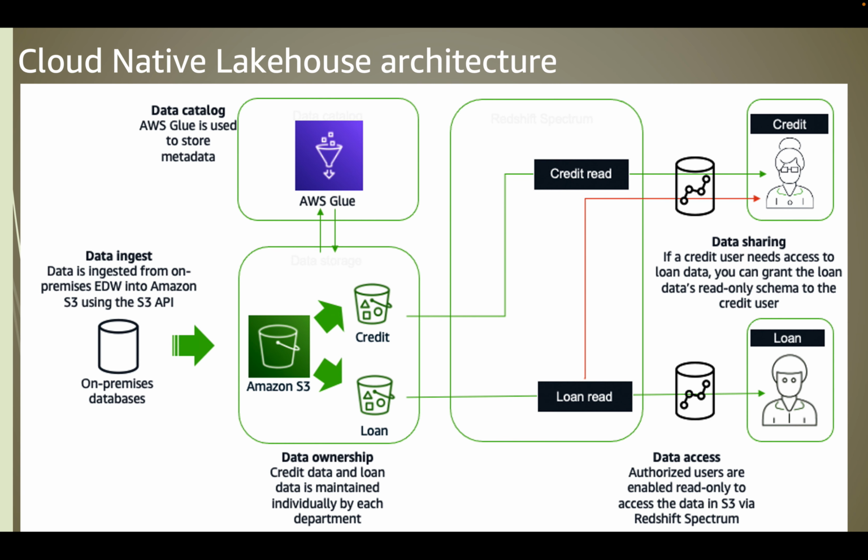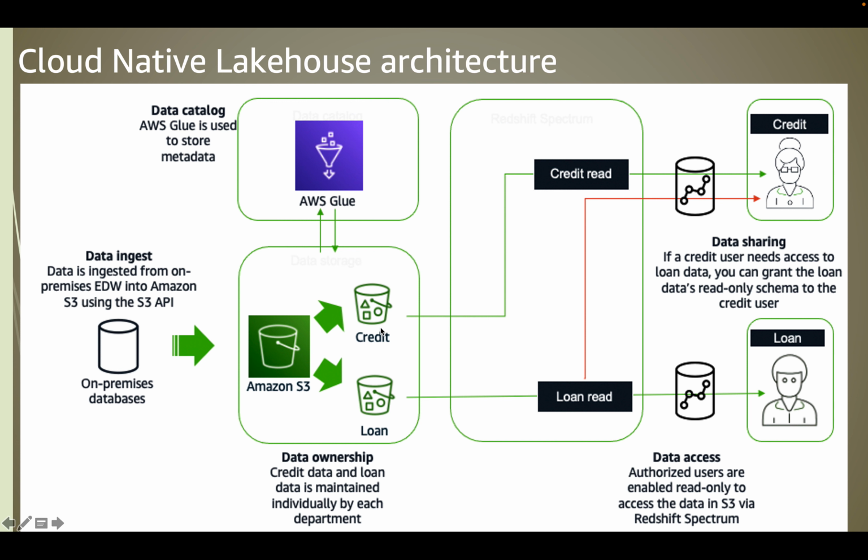So here you see the cloud native lakehouse architecture in AWS. Data is getting ingested from the on-premise database to S3. And we took an example of a financial customer. This bank will have credit data and loan data.